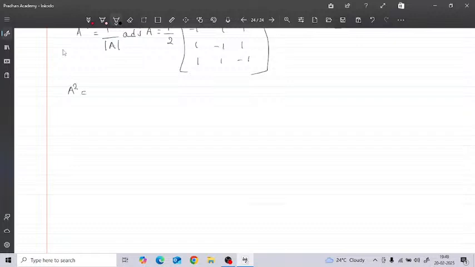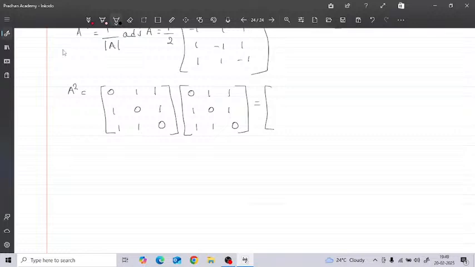what is my A square. Zero 1 1, that will be 2, 0 0, 0 1, 0 0, that is 1 1 0 1, 1 0, 0 1, 1 0, that is 2.